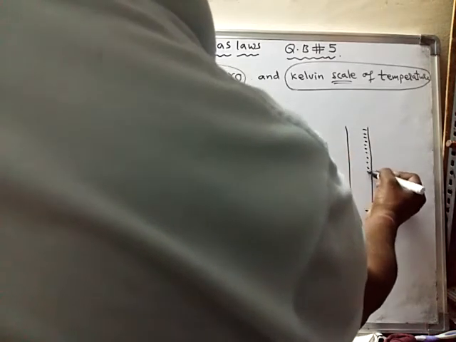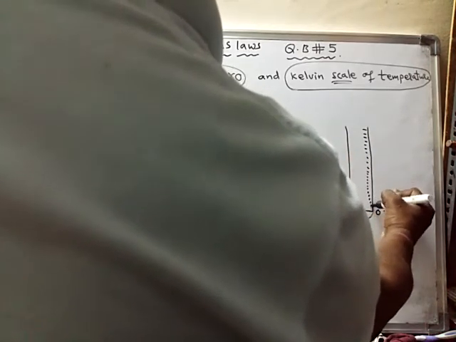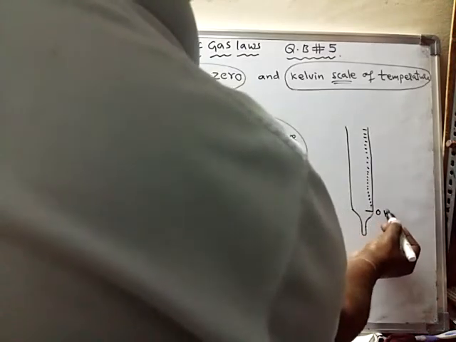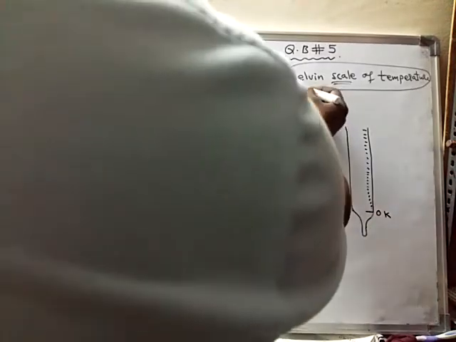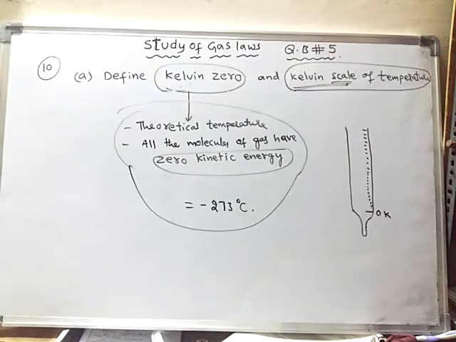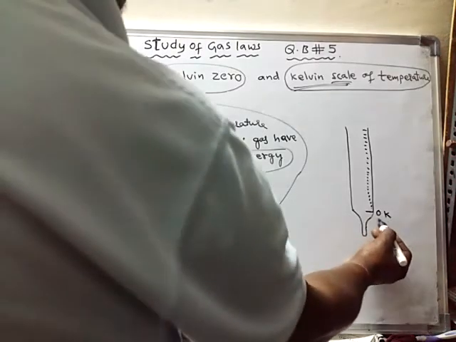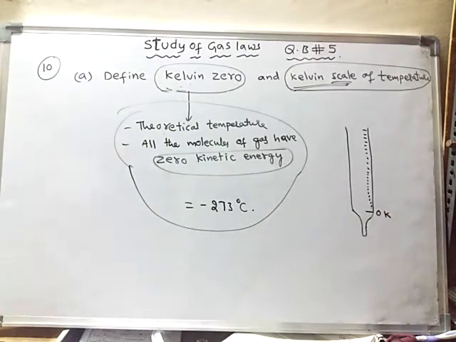The temperature scale which starts with 0 Kelvin, or which has 0 Kelvin as the lowest temperature, is called the Kelvin scale.